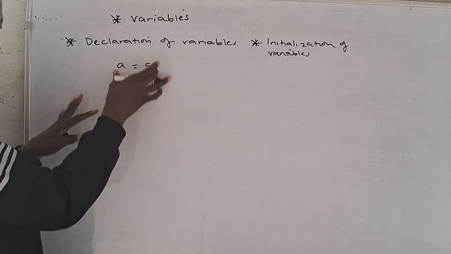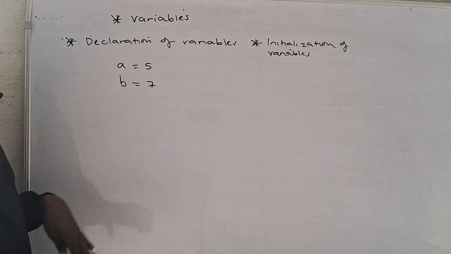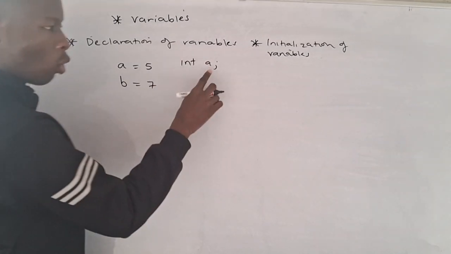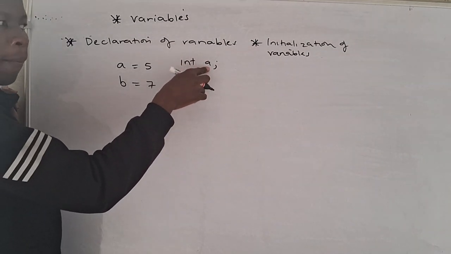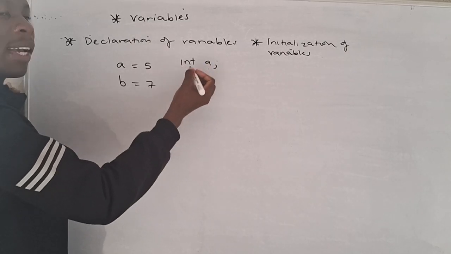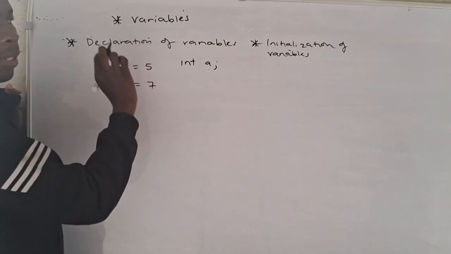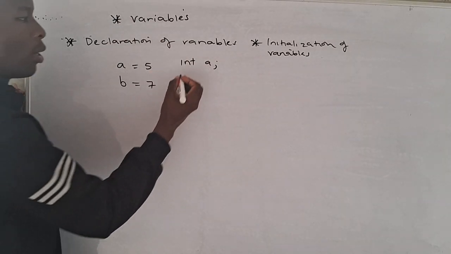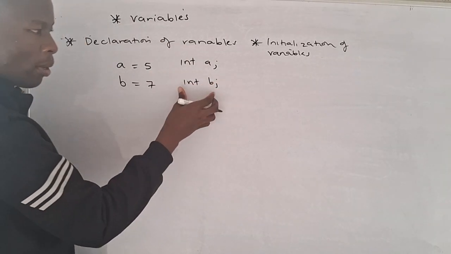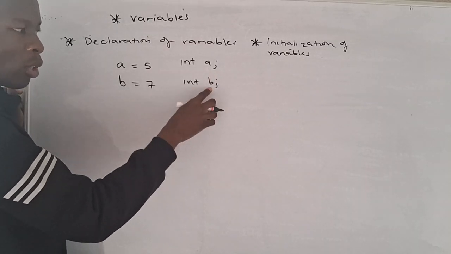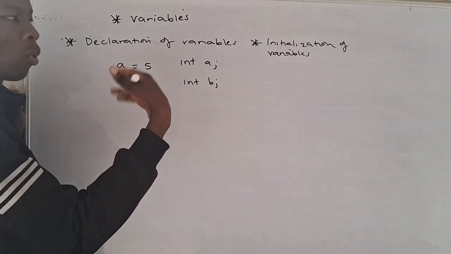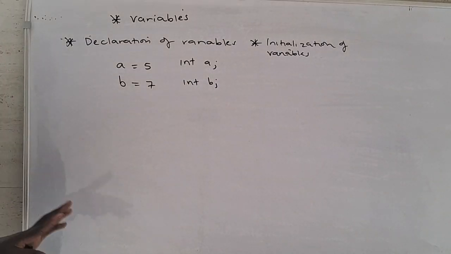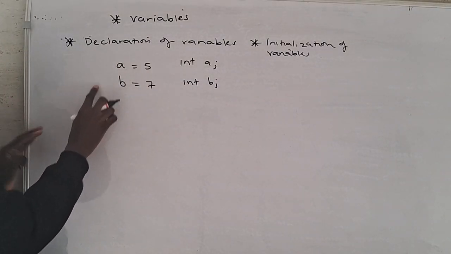Before you do this, you should tell the compiler that I have a variable called A. This variable is going to hold a value, and this value is an integer. This is nothing but the declaration of a variable A. For int B, what is the meaning? This statement is introducing a variable B to the compiler, and this variable B is going to store an integer. Before you store like this, you should tell.